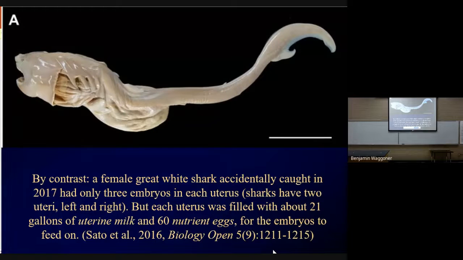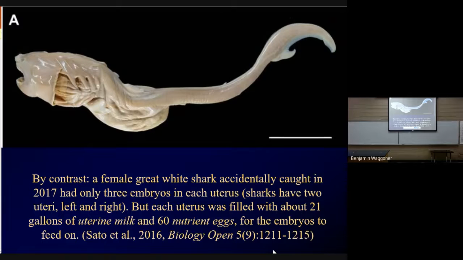So she had 60 uterine eggs in each uterus, and about 21 gallons of a nutrient-rich secretion from the uterus wall, very rich in lipids, called uterine milk. So the walls of her uterus are giving this milk that the babies are drinking, and she's producing extra eggs for the babies to eat.